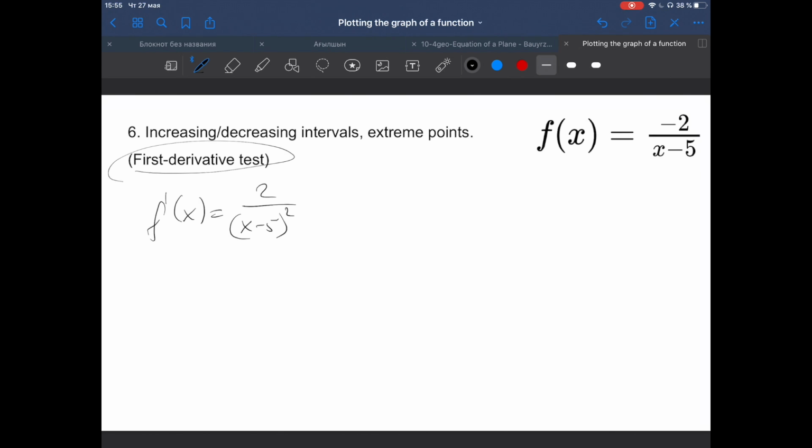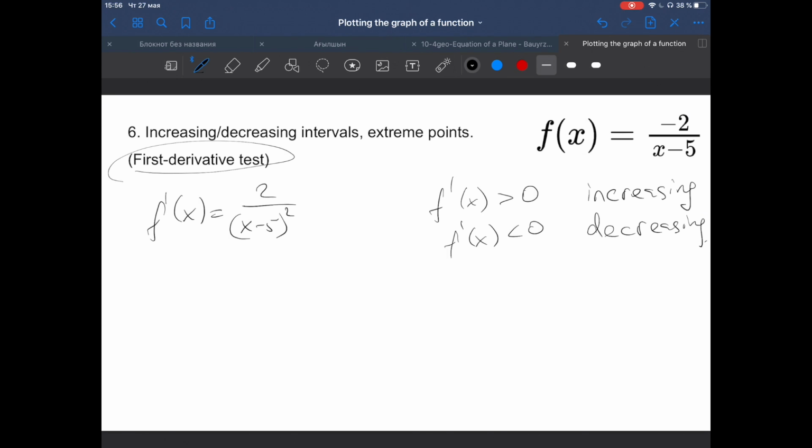And to find increasing and decreasing intervals, if you remember the definition, they're written like this: if f prime x is greater than 0, our function will be increasing. And if f prime x is less than 0, it will be decreasing.